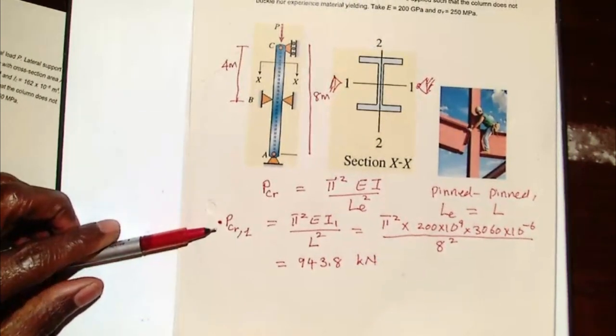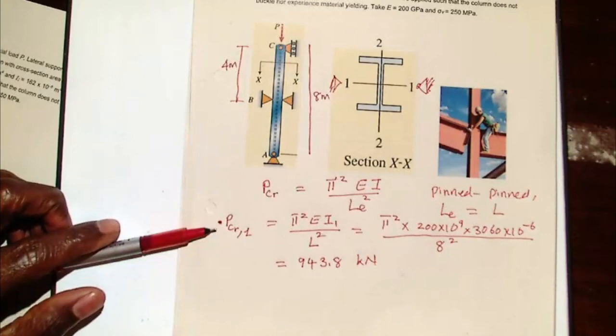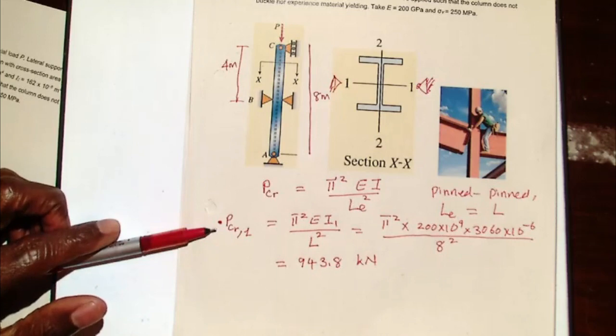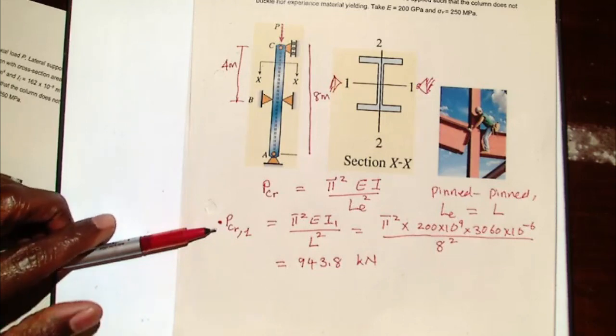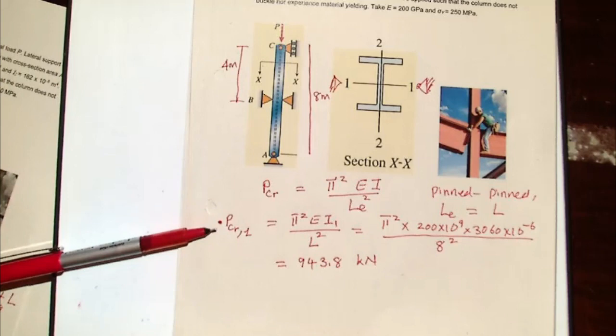What you are checking is, you know the load you want to put on your structure, and you're asking: is the load high enough to cause yielding? Is it high enough to cause this type of failure? You don't want buckling, yielding, or fracture. So you check the load that will cause fracture, yielding, and buckling. Every failure that you think could take place, you work out what load will cause it, and you make sure that whatever load you put on your structure is below every single one of them.